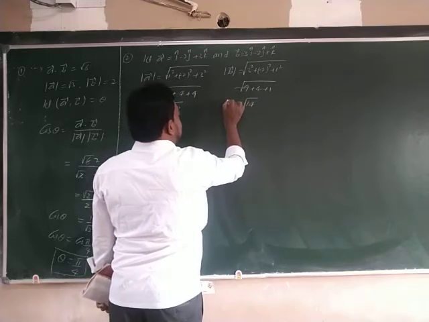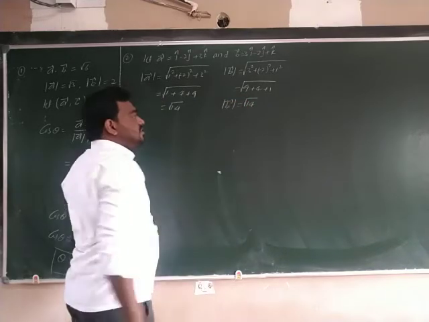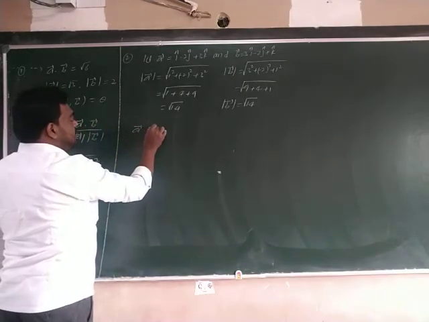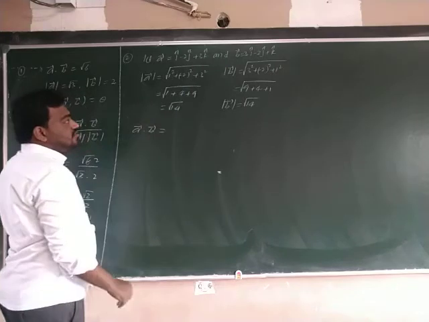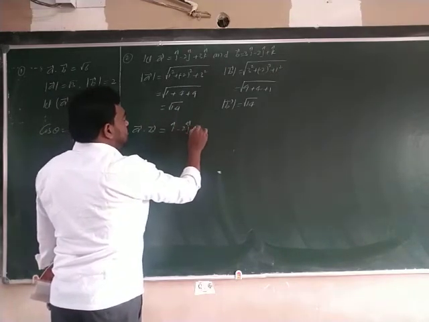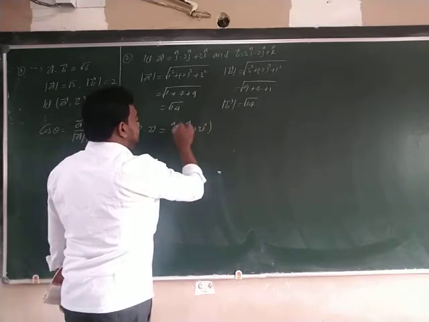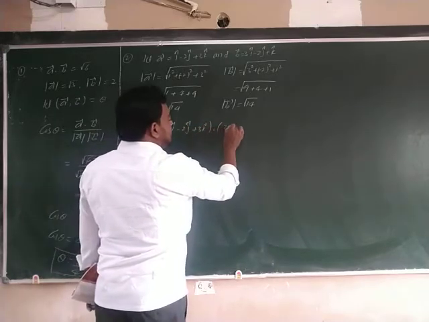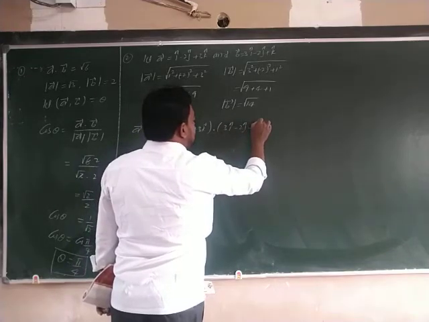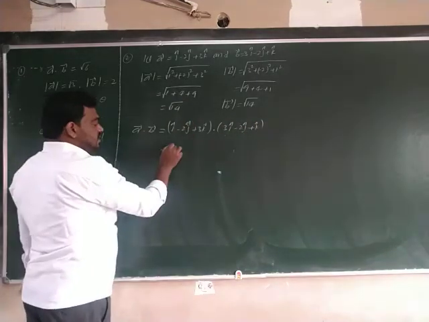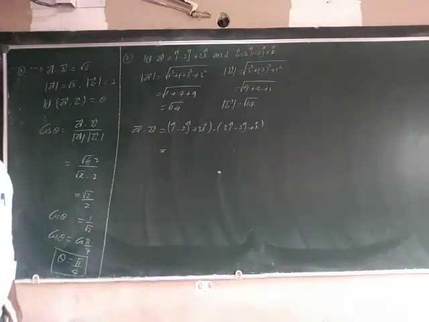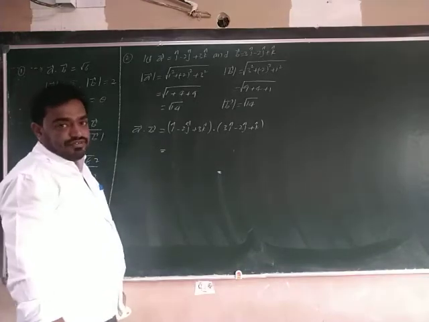Now you find A dot B. A dot B is equal to i cap minus 2 j cap plus 3 k cap dot 3 i cap minus 2 j cap plus k cap. This is the sum of products of the components of the vectors.